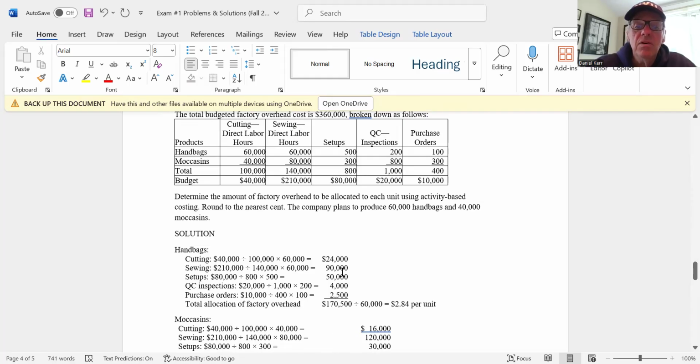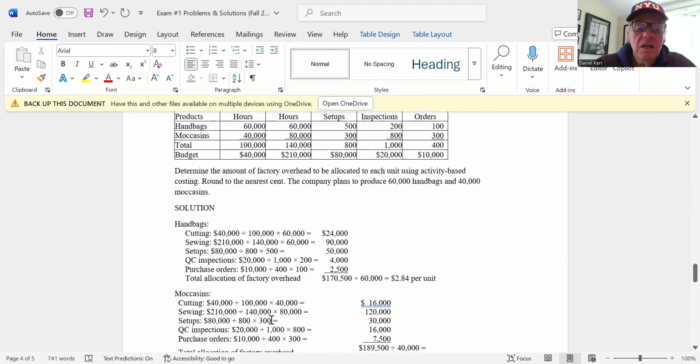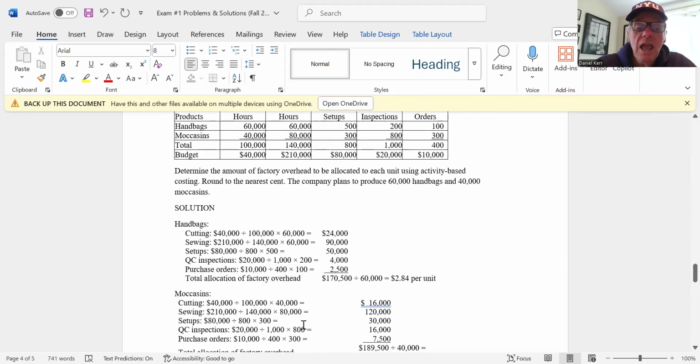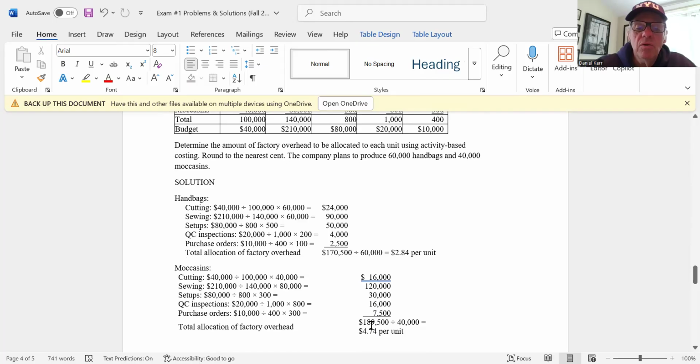Setups, you had 300 setups. And quality inspections for moccasins were 800. And purchase orders for moccasins were actually 300. So there is your total cost allocable amongst 40,000 units.